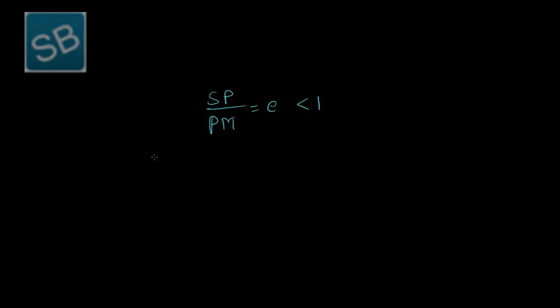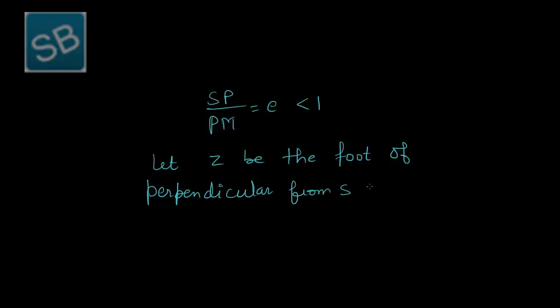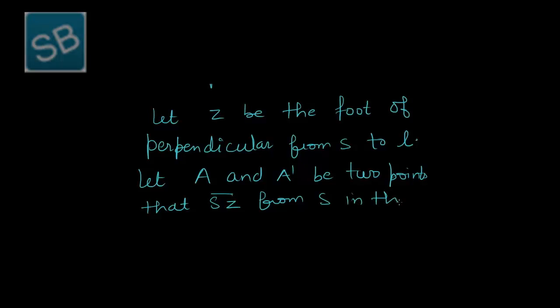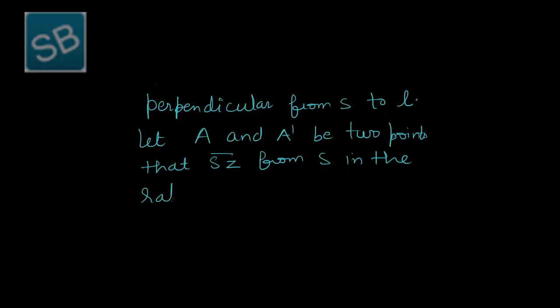So let Z be the foot of perpendicular from S to L, and let A and A dash be 2 points that divide SZ from S in the ratio E is to 1 internally and minus E is to 1 externally respectively.